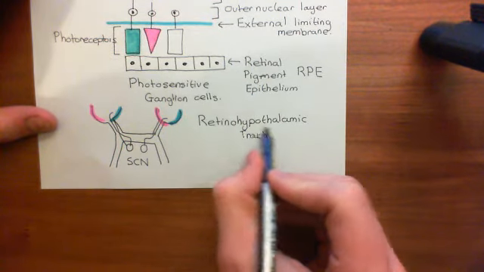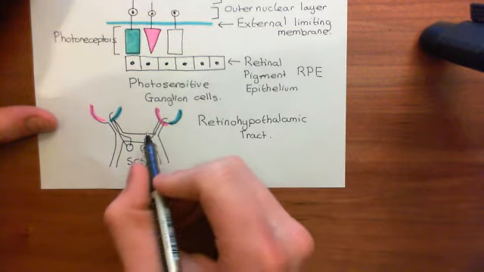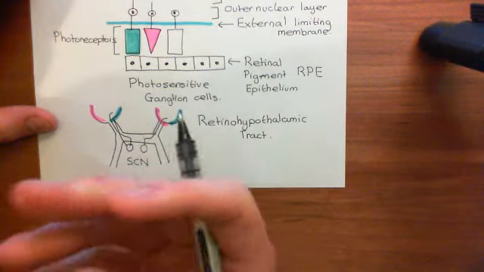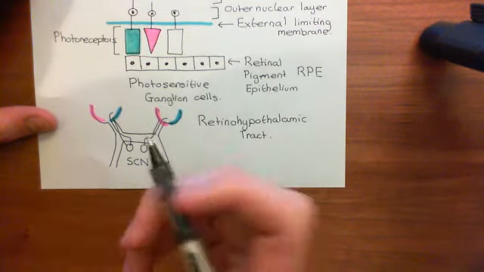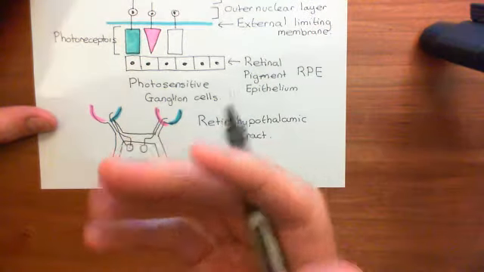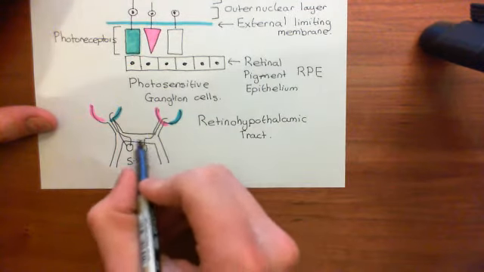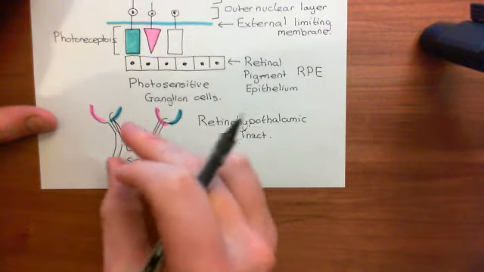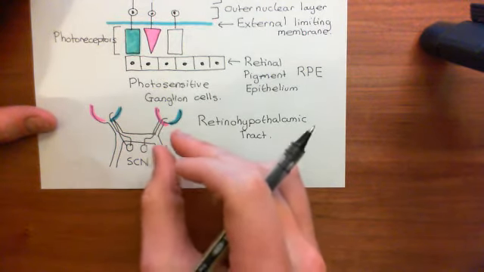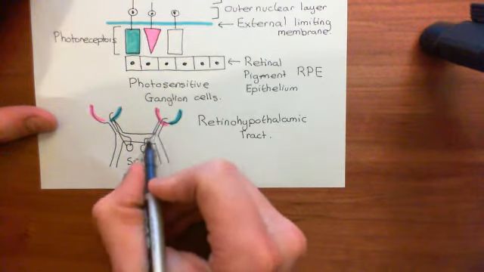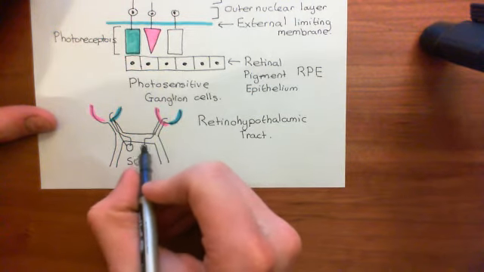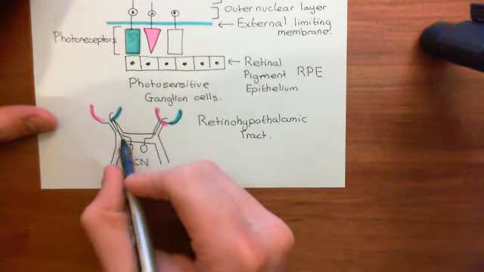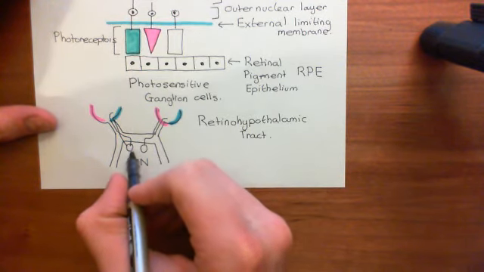Instead, it's the name for the collective movement of axons from the retina into the suprachiasmatic nuclei, but it doesn't actually physically exist in a macroscopic sense. They're moving all over the place, so they're not bundled into one nice macroscopic fibre. In principle there will be two of them: one from the right eye going into the right suprachiasmatic nucleus, and one from the left eye going into the left.